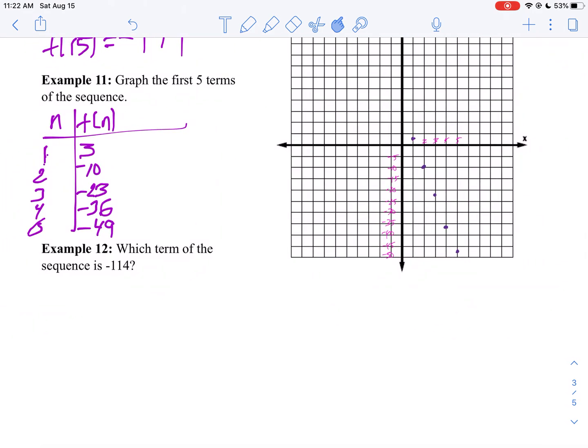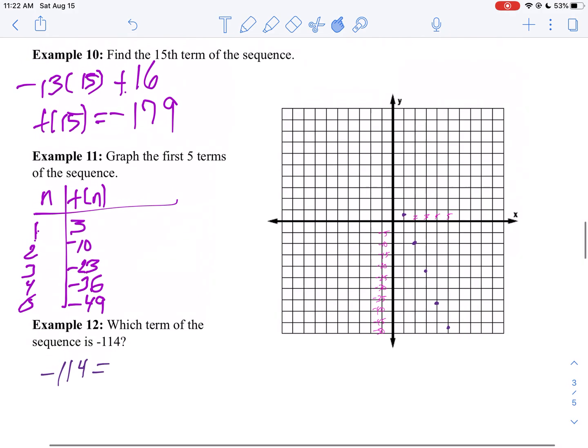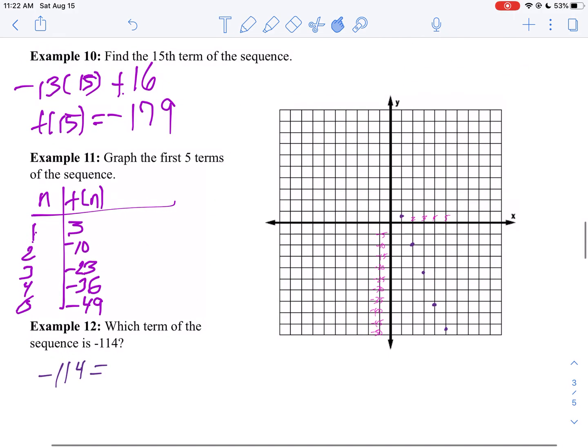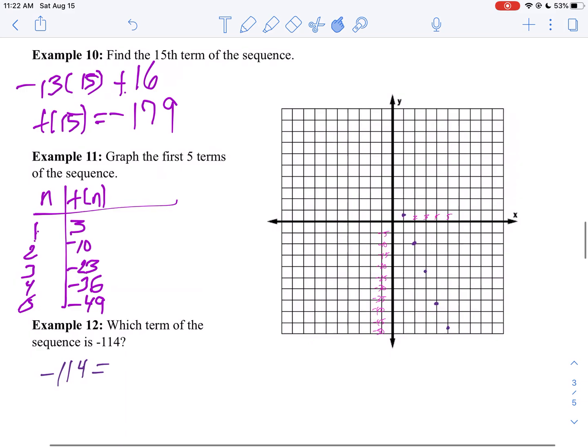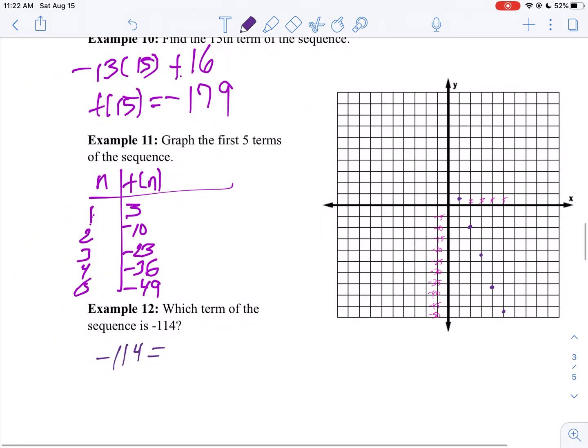Okay, which term of the sequence is negative 114? We're going to do the same thing we did before. This is t of n equals negative 114, so negative 114 equals my equation, which is negative 13n plus 16. Well, let's subtract 16 from both sides.